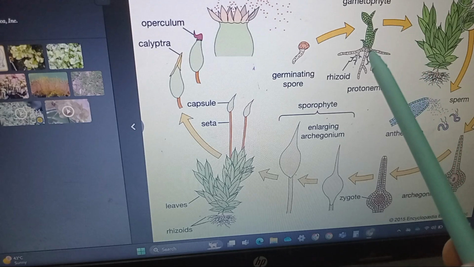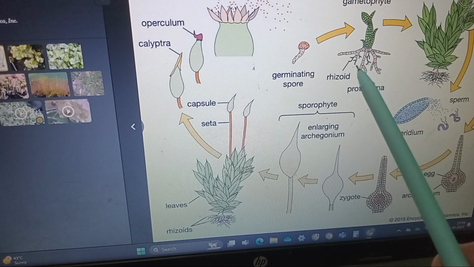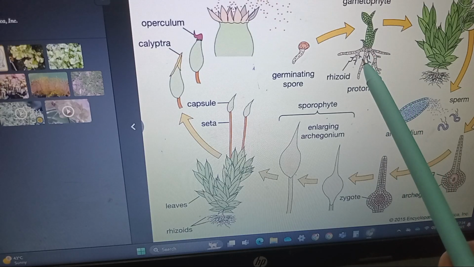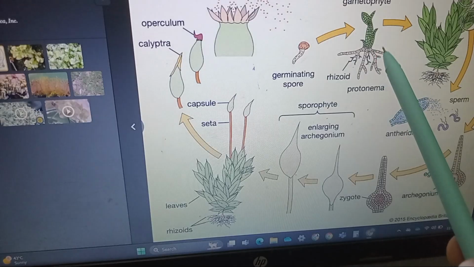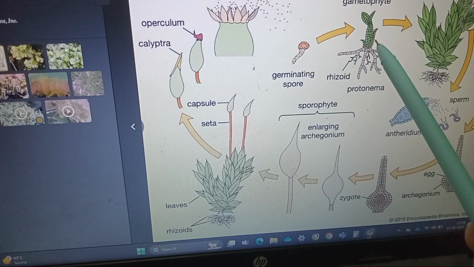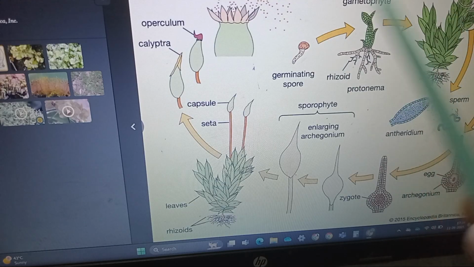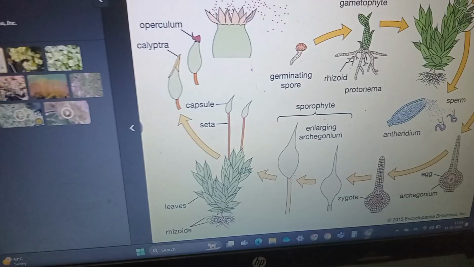And here you see that budding can take place in this protonema, and it can give rise to a new individual. So budding is a method of asexual reproduction by protonema. From this protonema, this leafy structure will grow. That is a gametophyte. So this is the life cycle of the mosses.